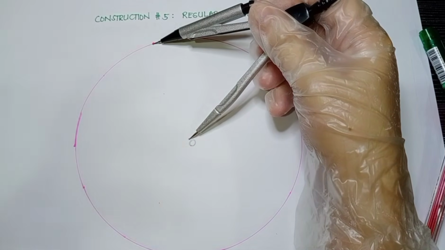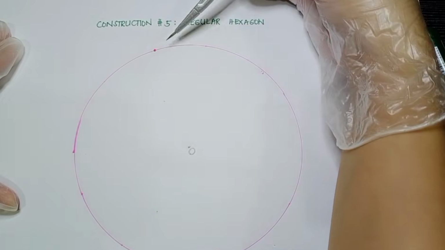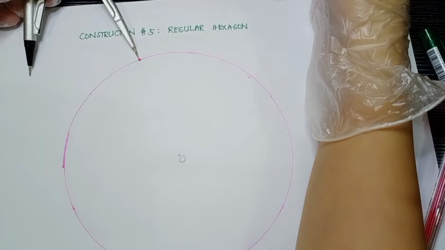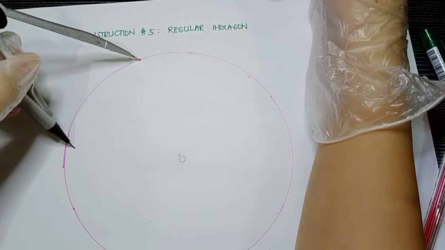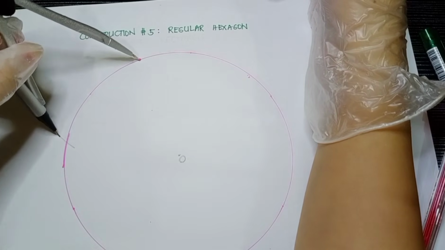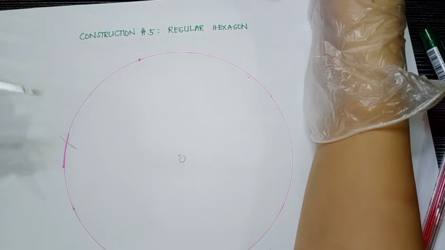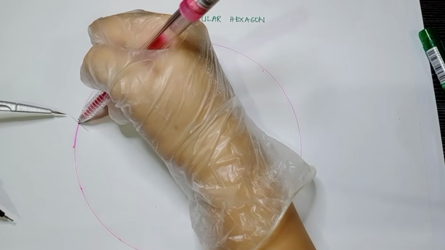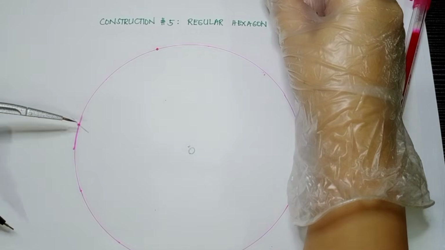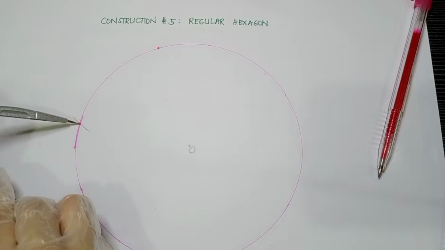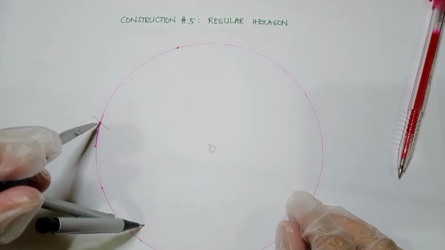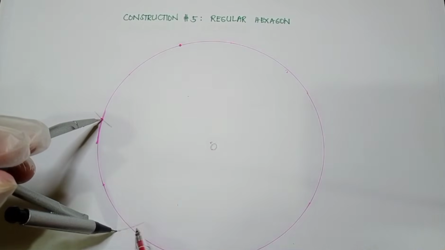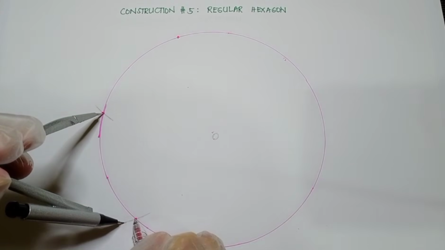Okay? So, ano pong gagawin natin dito? So, from your point, ito po yung point ninyo. Okay? So, dito po sa ginawa nyong point, magkikreate po tayo ng arc. Okay? And then, from here, may intersection ka na dito. Magkikreate ulit po tayo ng arc. Okay, so meron ka ulit intersection dito.